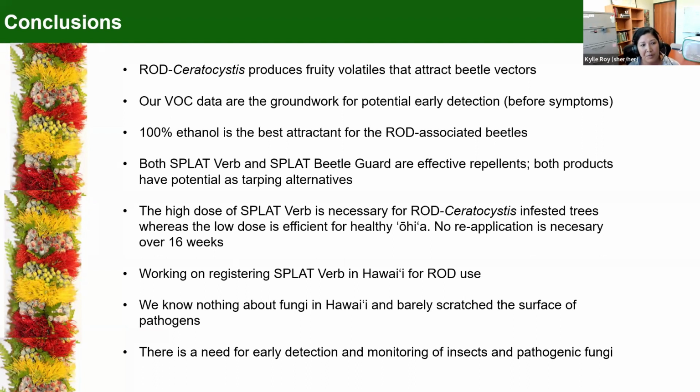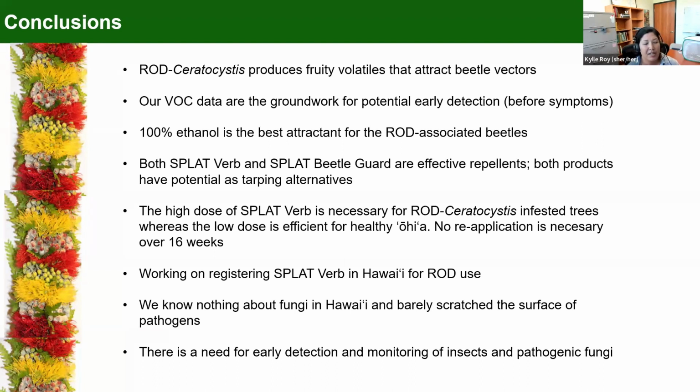And so 100% ethanol is the best attractant for the rod-associated beetles. SPLAT Verb and SPLAT Beetle Guard are both effective repellents for the rod-associated beetles, and they also have potential to be used as tarping alternatives.